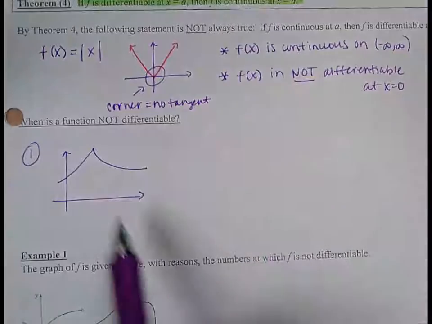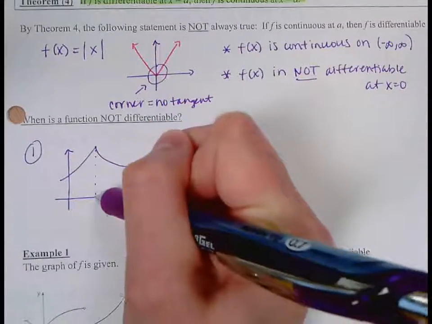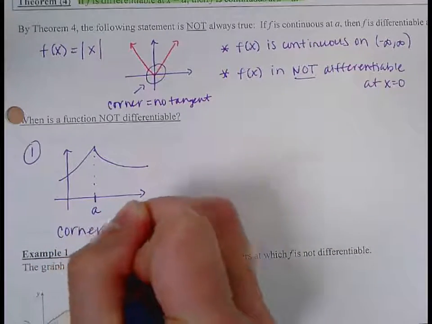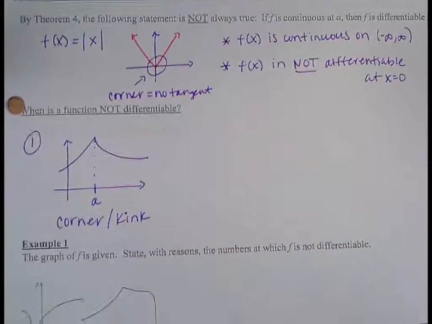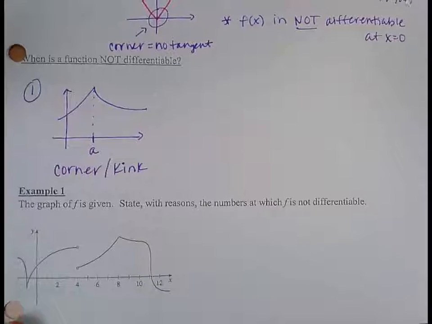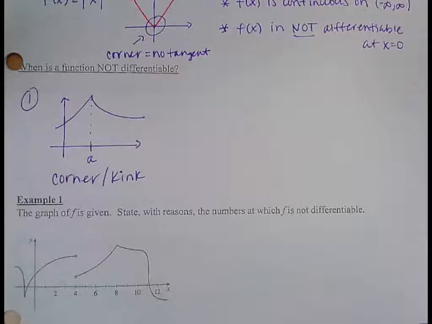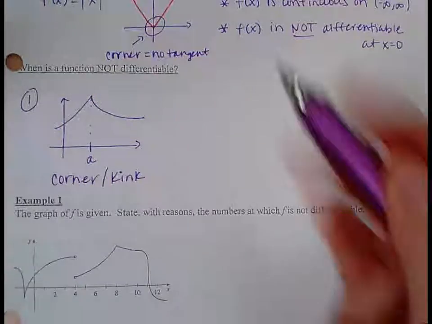So if you see a graph that goes like this, so if there's a corner like we saw in the absolute value function, or they call that a kink in the graph, then there's not a tangent line there. Hopefully that makes sense. There's no way to draw a tangent line at that point.